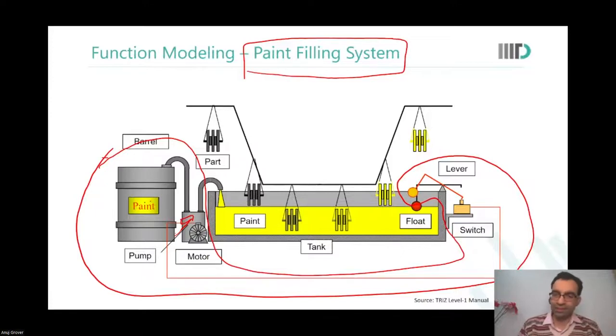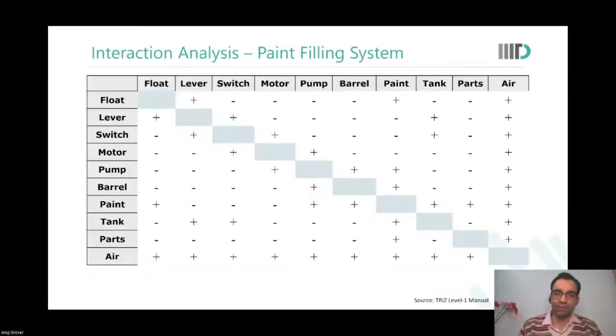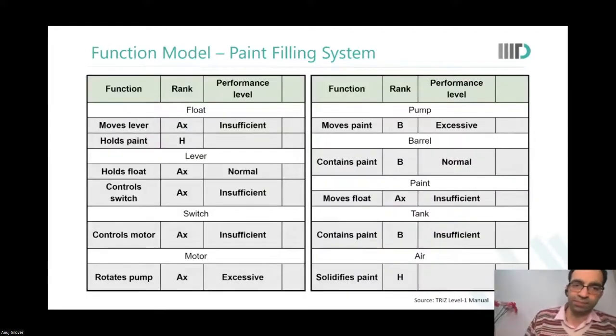So okay, let's go into details of this. We first make the interaction matrix that we made yesterday. You remember we had made the interaction matrix? So this is the interaction matrix. Now we pick up each component and see what are the functions defined there. So let's look at float. Float moves lever and it holds paint.